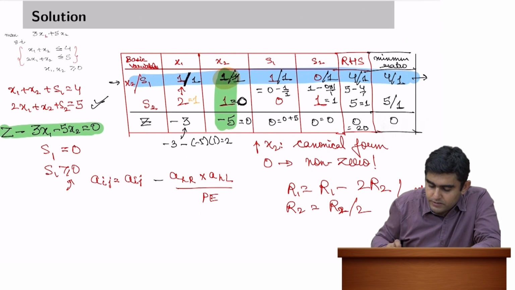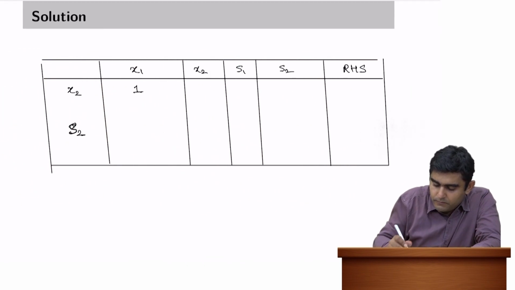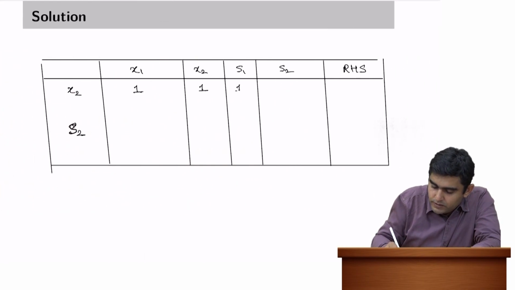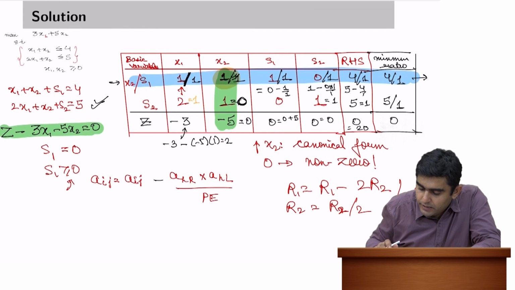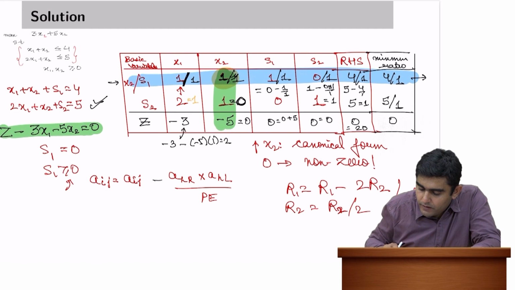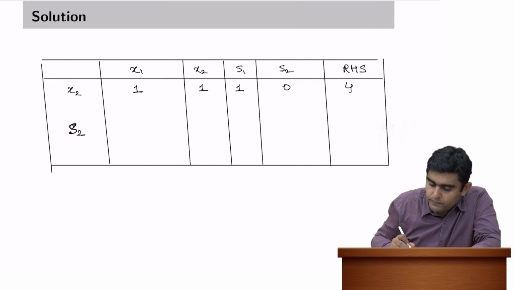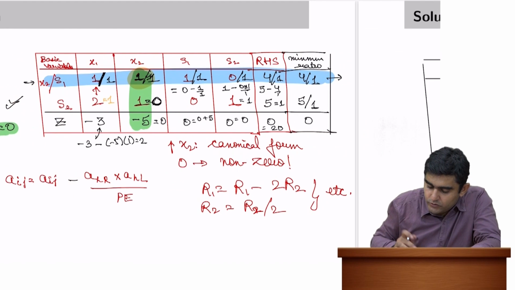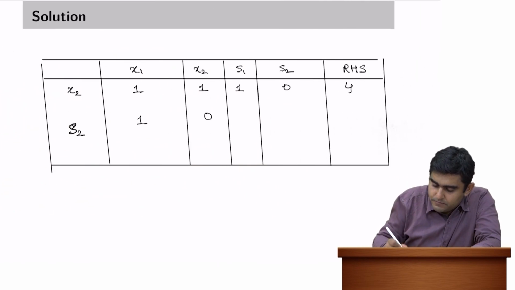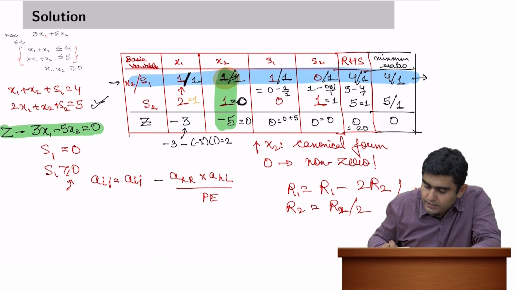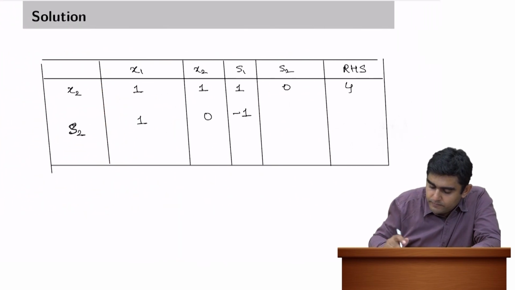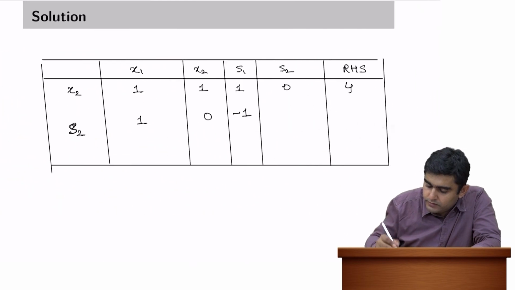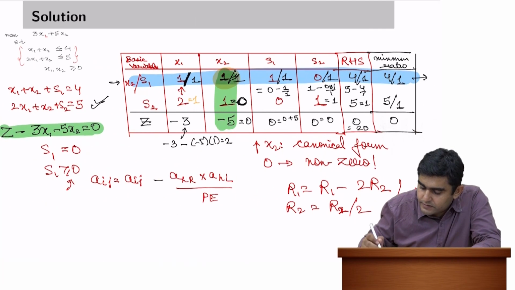So after updating, the coefficients become 1, 1, 1, 1, 1, 0 and RHS happens to be 4. Similarly, S2 2 was updated to 1. This became 0. After that, I have minus 1. Then I had 1 and RHS.